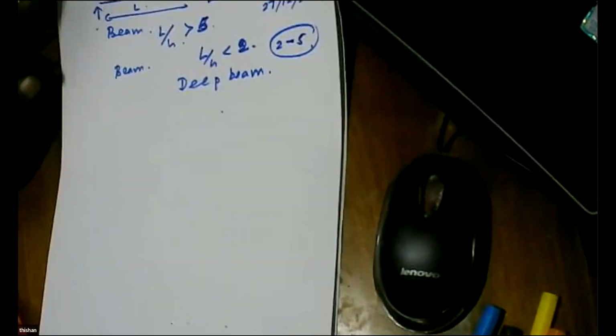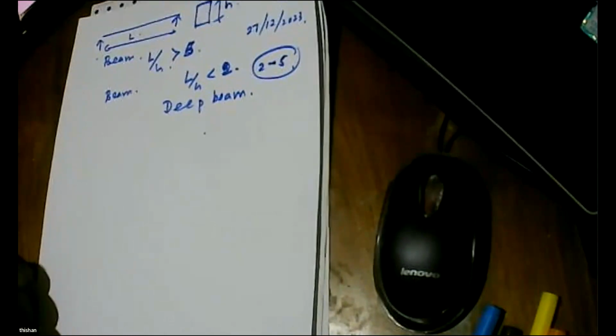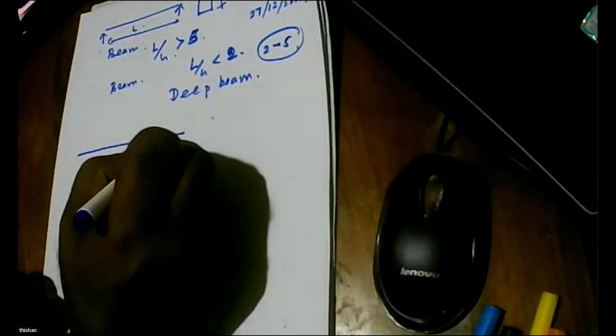If it is greater than 5, definitely it's a beam. L over H less than 2, it's a deep beam. Between 2 and 5, use your discretion. So, examples, a beam in a building is a beam.